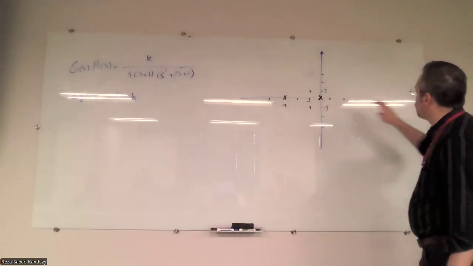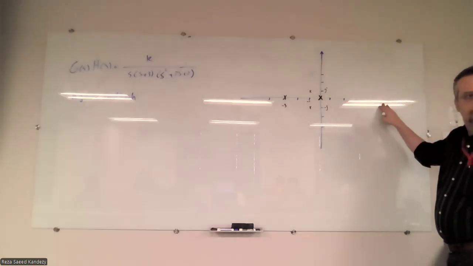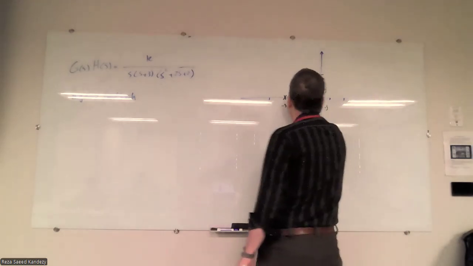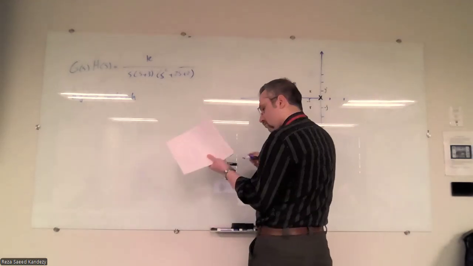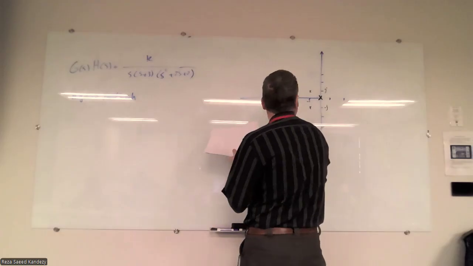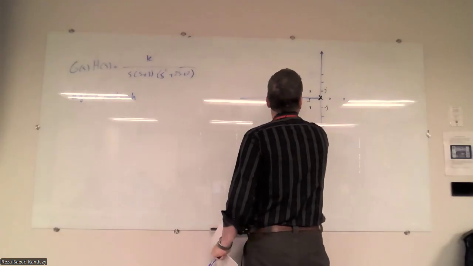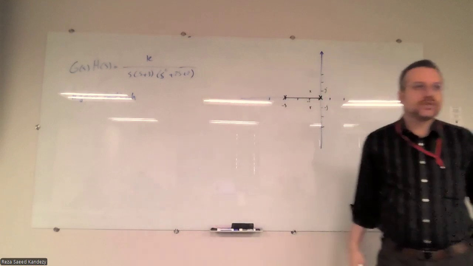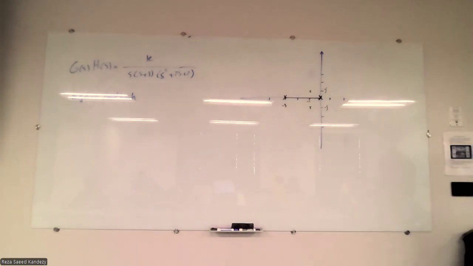This part from 0 to infinity is not included. This part has one pole to the right of it, so this part is included. And from -3 to minus infinity, that segment is not included in our trajectory.